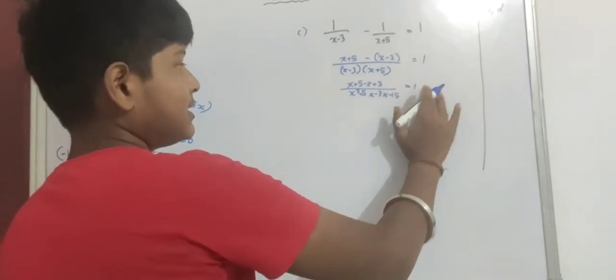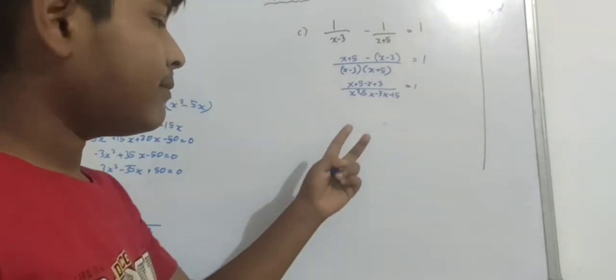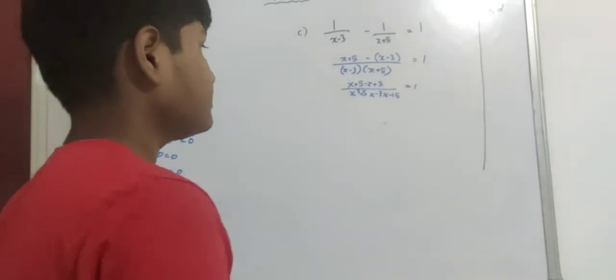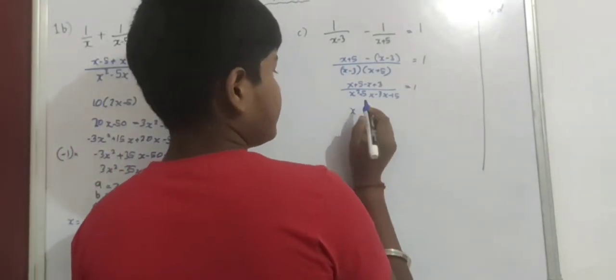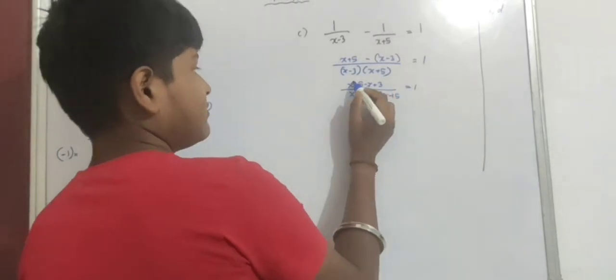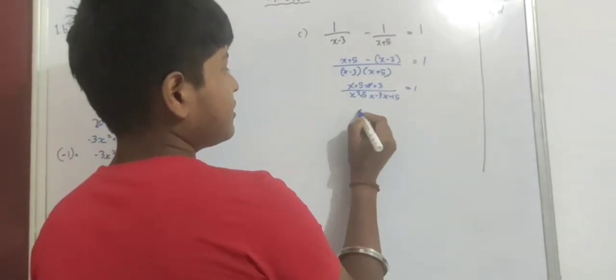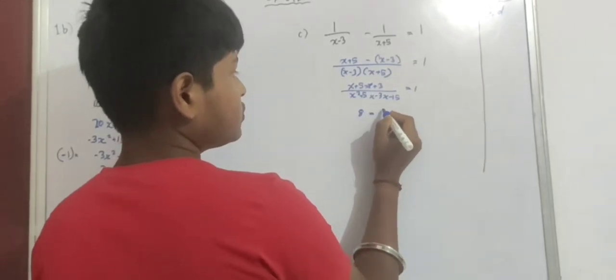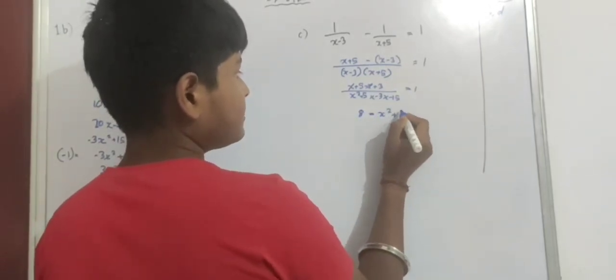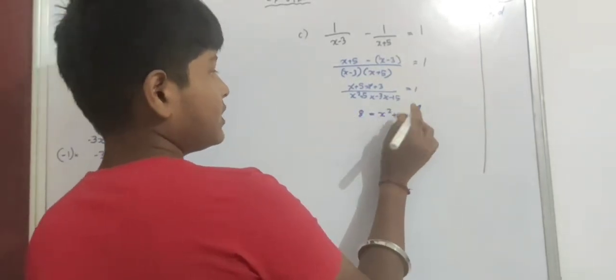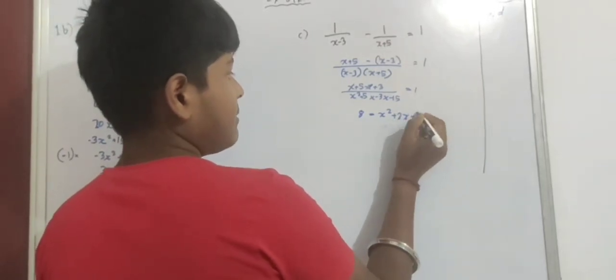To send this part to this side, multiplying with 1, the term will remain the same. So x and minus x will get cancelled. 5 and 3 will be 8 equals x square plus 5x minus 3x will be 2x, 2x minus 15.